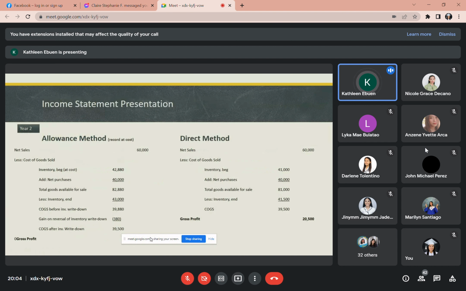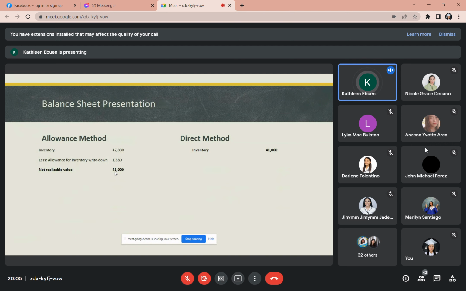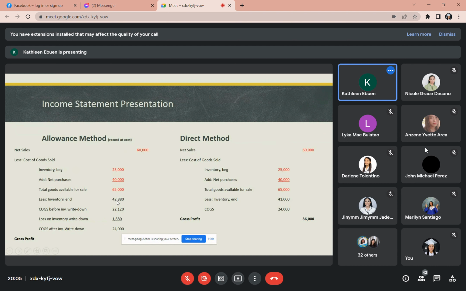Ang mangyayari class sa income statement presentation natin, so under allowance method nga, i-record natin na cost. So, we have the sales, 60,000. Yung inventory beginning, of course, gagamitin na natin yung ending inventory ng first year. So, the ending inventory for the first year is 42,880.